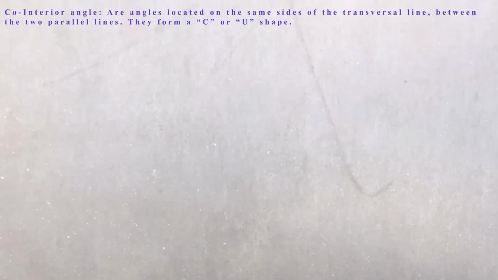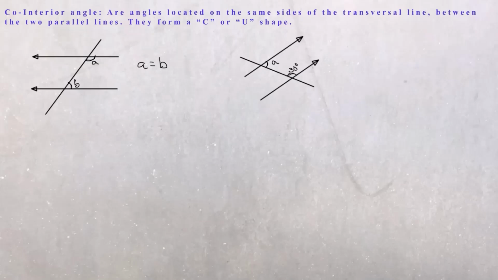Looking at these two parallel lines, supposing we have a transversal line here, we label this angle A and angle B. This angle concept states that these two angles are the same, and they are also known as forming the C shape or the U shape depending on the rotation of the shape. Considering this example, since we are looking for angle A and we have 30 degrees here, looking at the C pattern, angle A should also be 30 degrees.